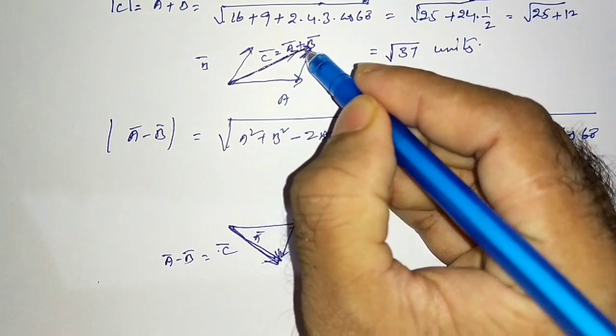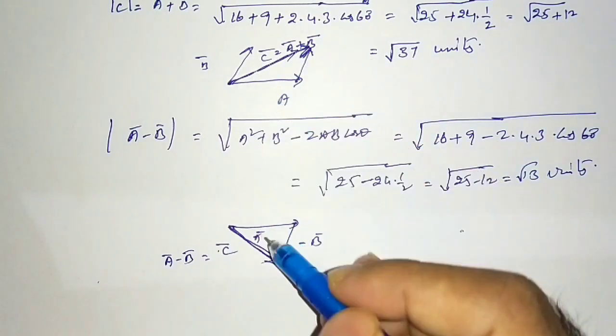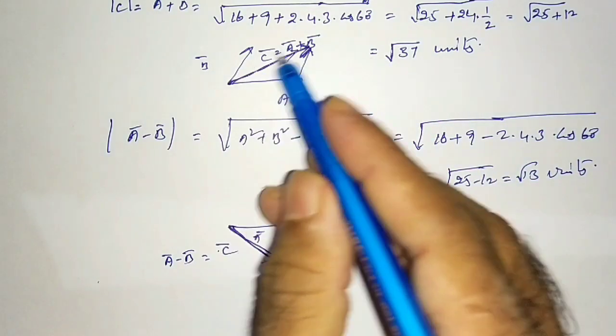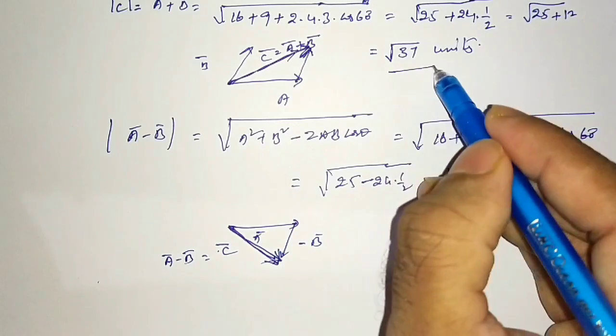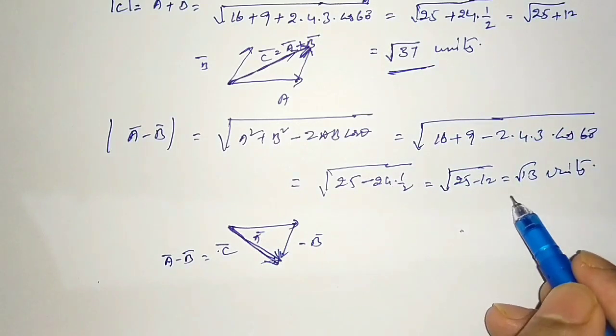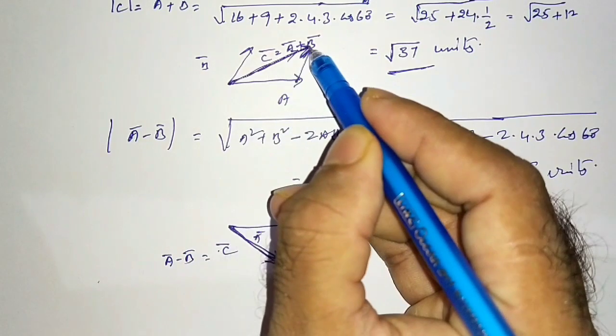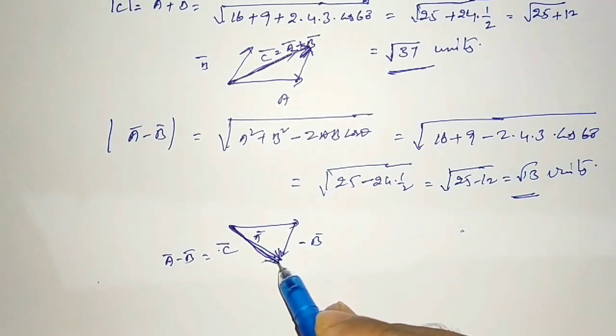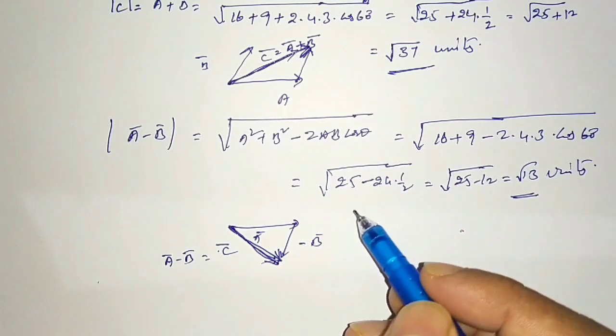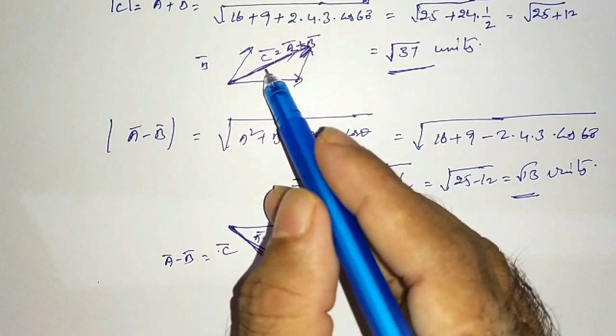This is a plus b vector. See, the directions are different and their magnitudes are also different. Here the magnitude is root 37 and here its magnitude is root 13 units. Understood, Nana? So this is a plus b vector and this is a minus b vector. So by using this you can calculate. You can calculate direction also.